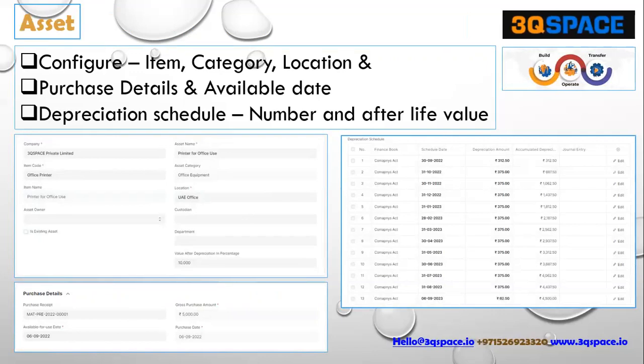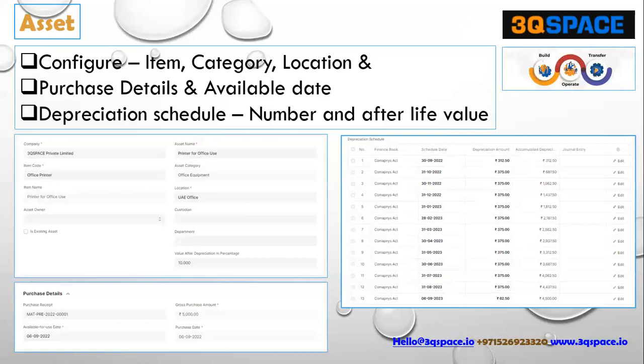Then we have a set of information that we can configure to pull in the purchase detail related information, such as the purchase receipt, the purchase invoice. So from that, the gross amount and the purchase date is derived. And once an item is purchased, we can also specify the available date. So this is the date from which the depreciation starts getting accounted in the system.